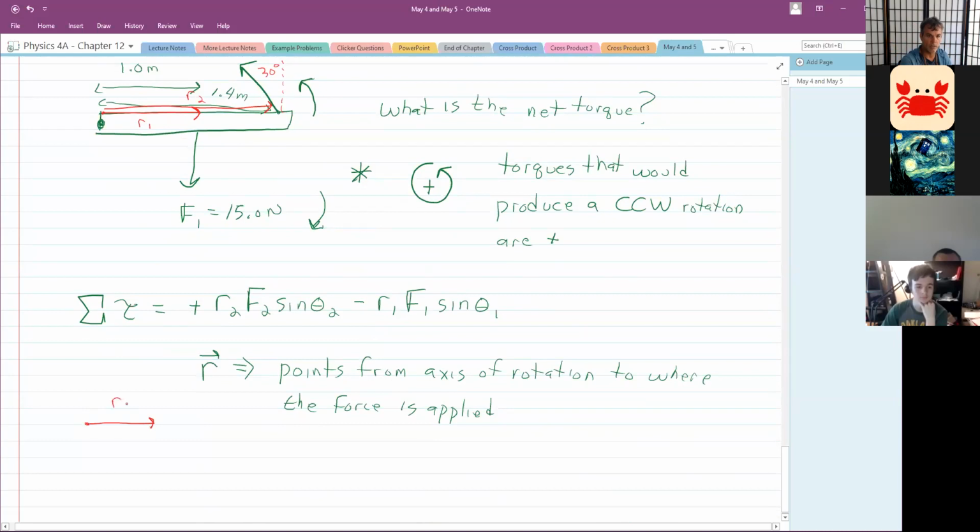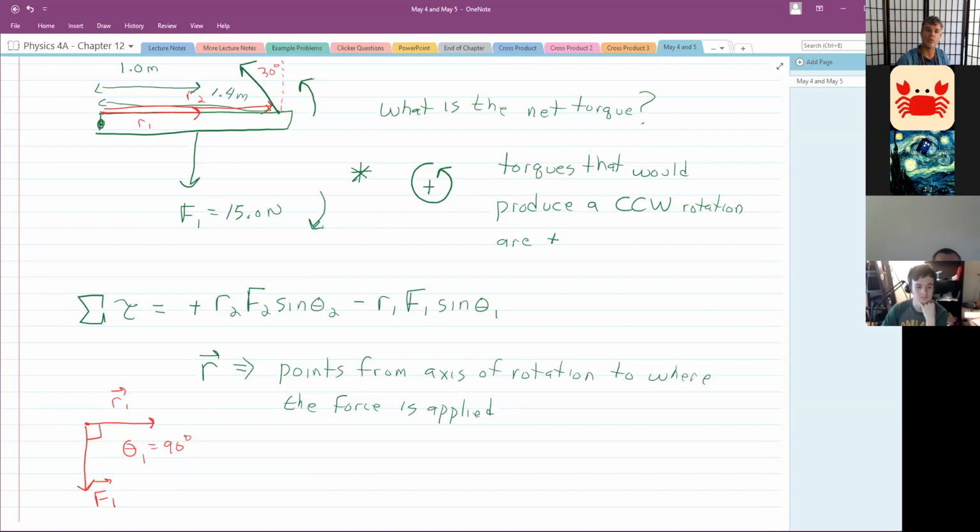This would be R1. My force vector points straight down. Remember, if I'm getting the angle between two vectors, I always draw them tail to tail. So in this case, my theta 1 would be 90 degrees. And the angle is always the smaller angle. It's always less than 180. So in this case, the angle between R1 and F1 is 90 degrees.